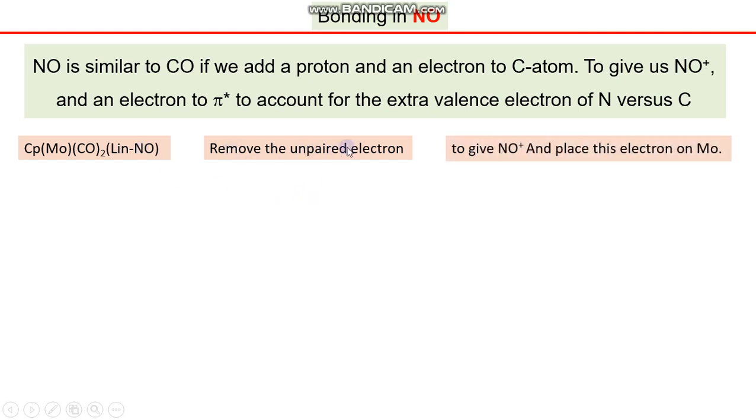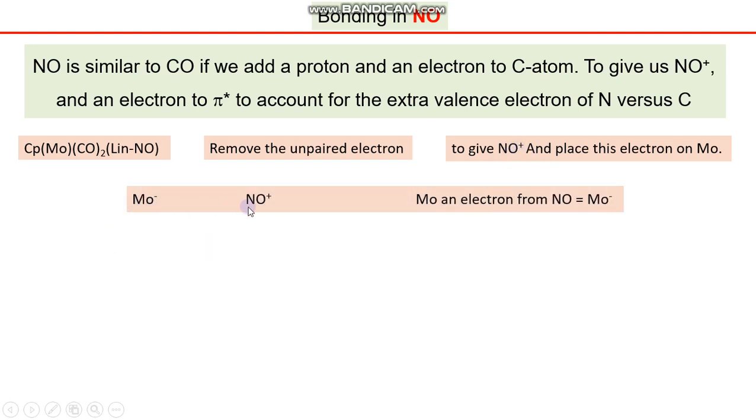When we remove this unpaired electron, nitrosyl becomes a two electron ligand, and by removing that electron it adopts a positive charge, and that electron can be placed on the molybdenum atom. So molybdenum will get a negative charge, and nitrosyl will get a positive charge.